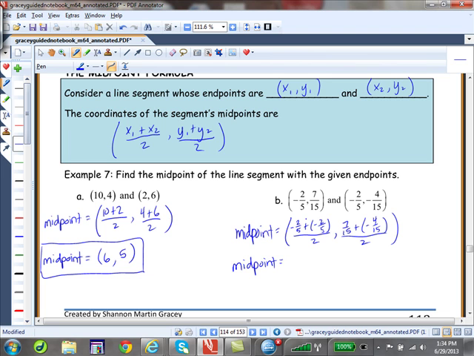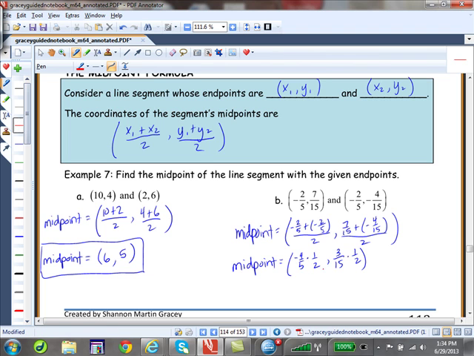we'll get, remember, if you're dividing by 2, it's the same as multiplying by a half. So we'll get negative 4/5 times a half for our x coordinate of the midpoint. This one will get 3/15 times 1/2. And we can simplify a little bit.